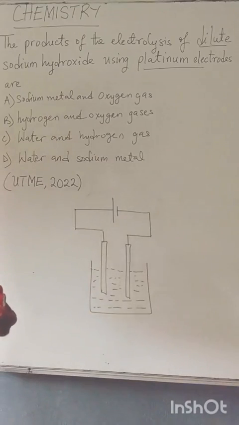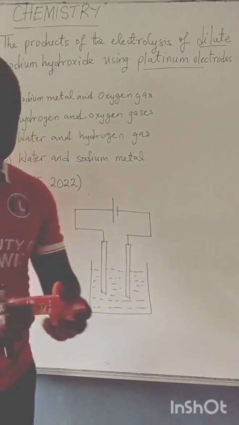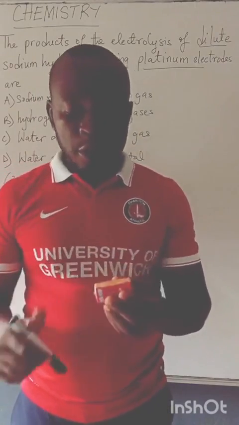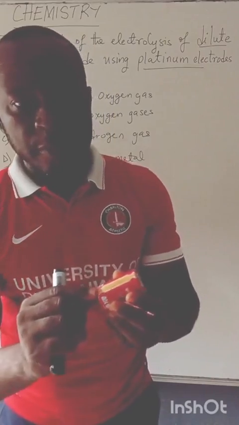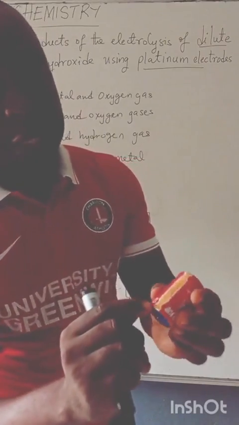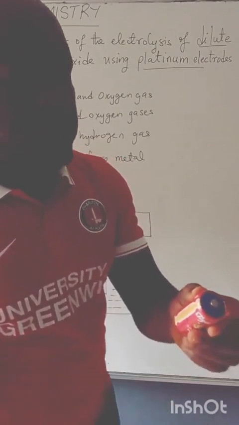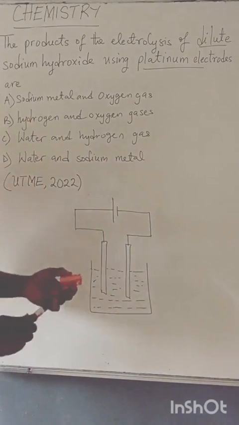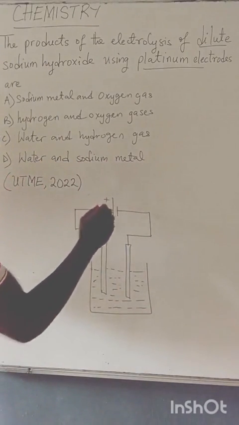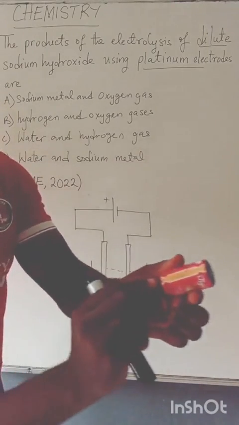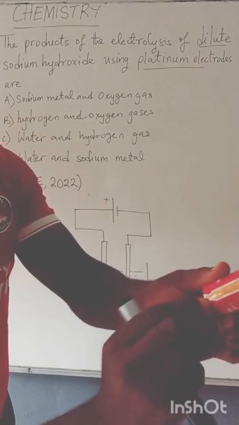Okay, look at this dry cell here that I'm holding. Check very well. You see there's a place that is marked positive. This positive refers to this longer terminal here. That's the cathode, the cathode of the electrochemical cell. And then look at this area that has minus written on it.